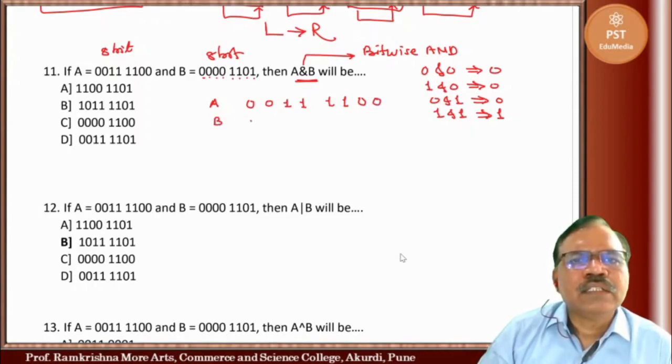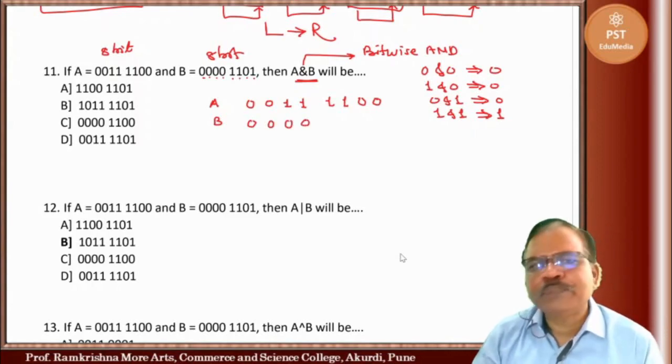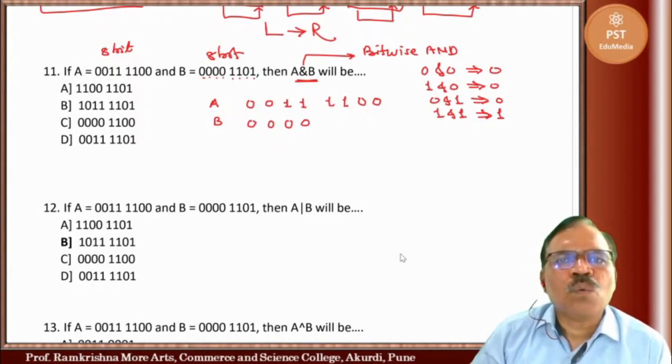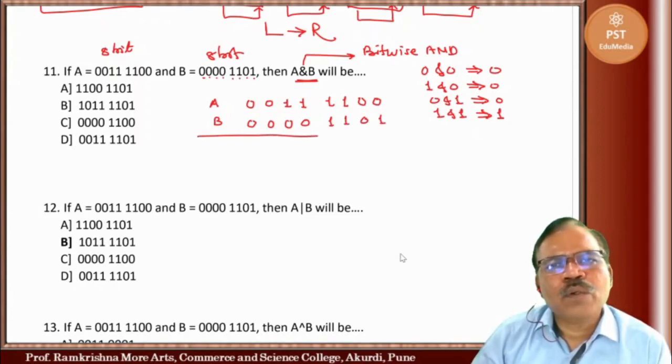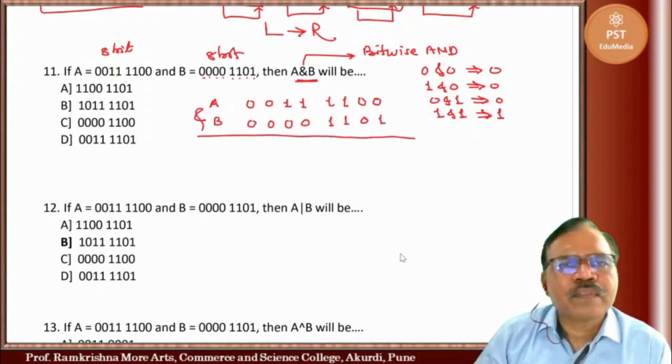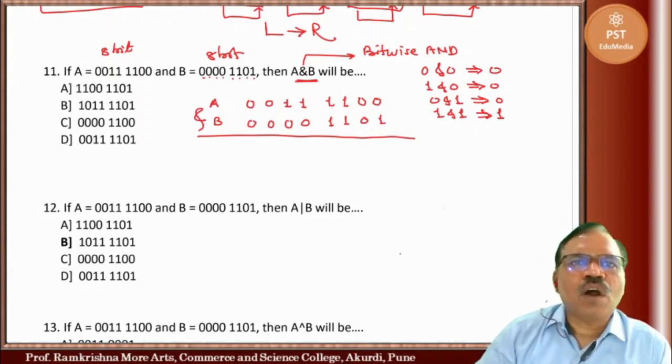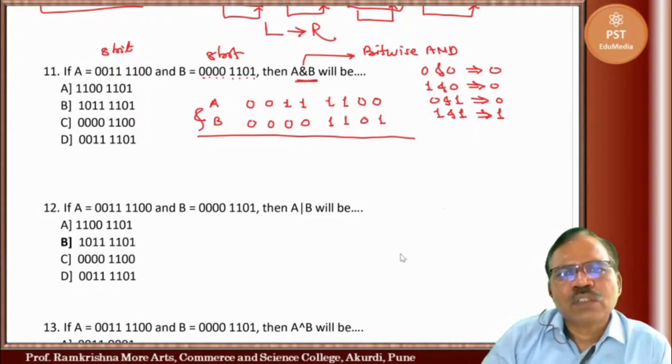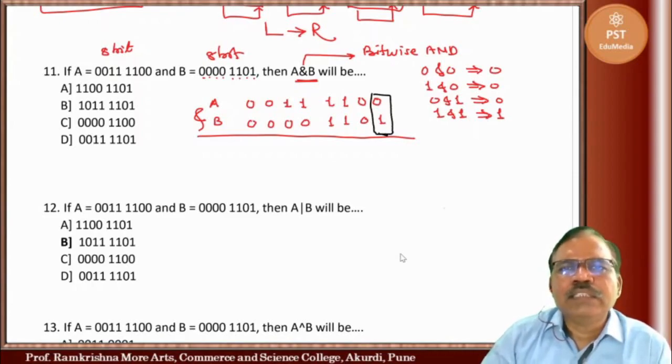B is 0, 0, 0, 0, 1, 1, 0, 1. Now we have to find A and B. So the operation is bitwise. So here see, zeroth bit. 0, 1 will give you 0.